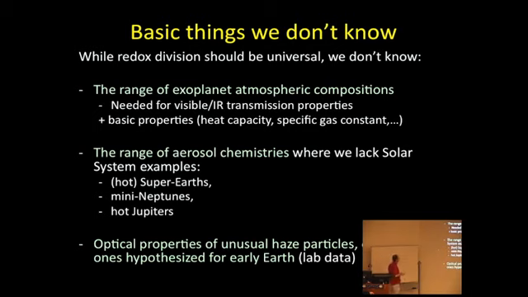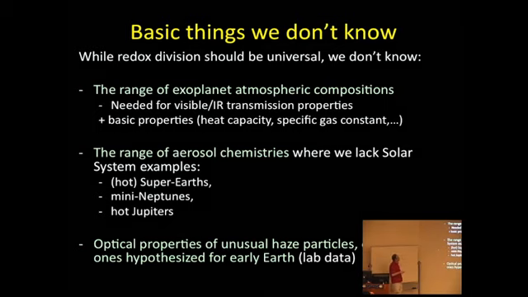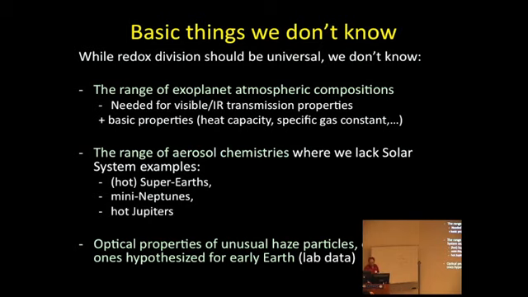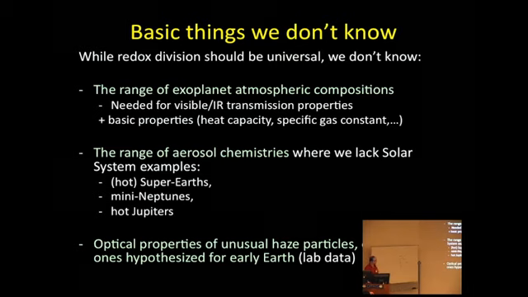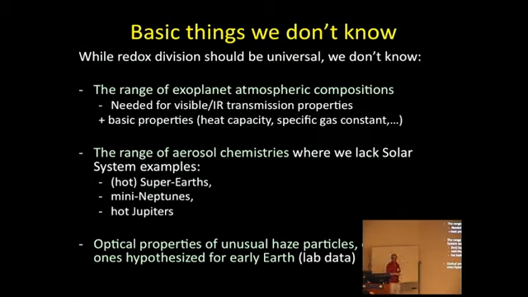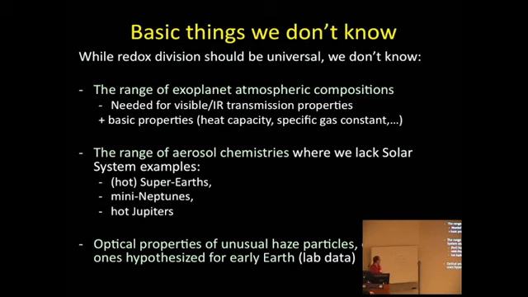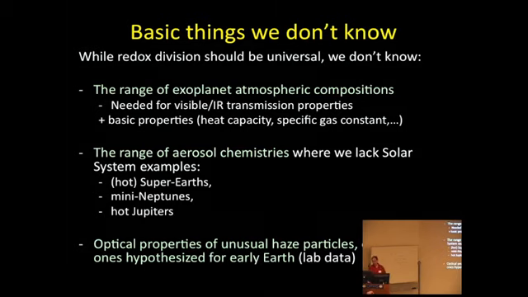And we don't know the range of aerosol chemistries where we lack the solar system examples. You can hypothesize them, but they need to be detected. And we also don't know the optical properties of unusual haze particles because nobody's bothered to measure them in the lab. Why would they if they're not known to exist on current objects? And this even applies to the early Earth, where we don't know some of these issues.